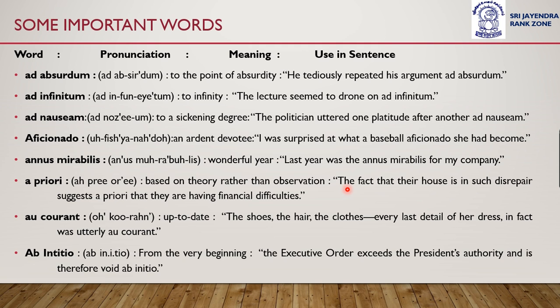Use in sentence: the fact that their house is in such disrepair suggests a priori that they are having financial difficulties. A priori means based on theory rather than observation.